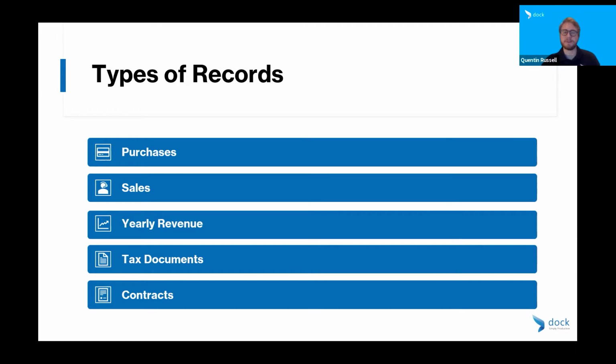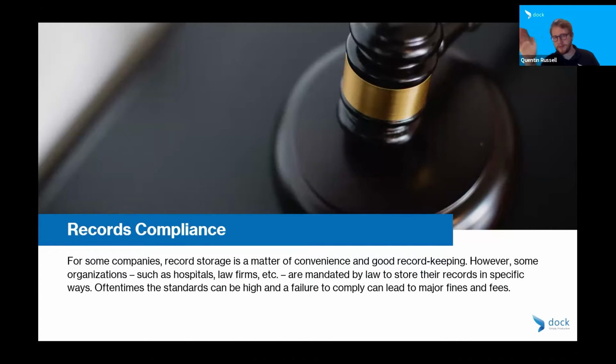And these are just a small sampling, just so that we all have the same understanding. But in terms of records and everything, one thing that you should also keep in mind is different levels of compliance. Depending on your industry, your company is going to have differing levels of compliance that it has to adhere to.